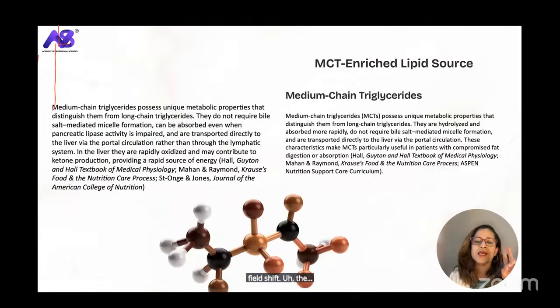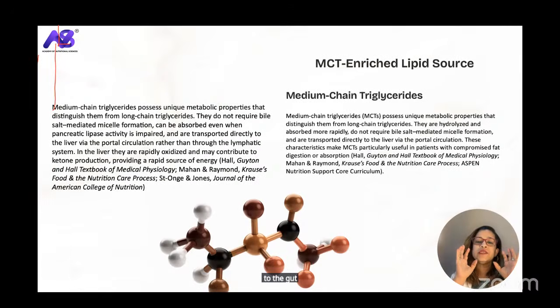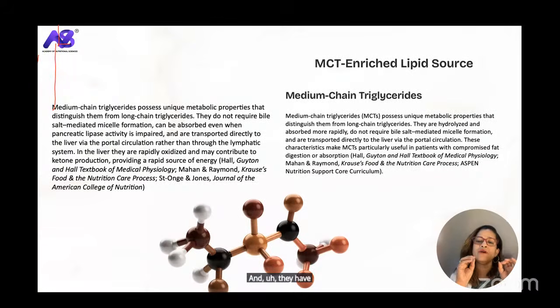The other aspect, when you are choosing the right formula for people who are sensitive in the gut, is MCT. We are all using MCT rampantly, and it has a unique metabolic property that distinguishes it from long chain triglycerides. Why?